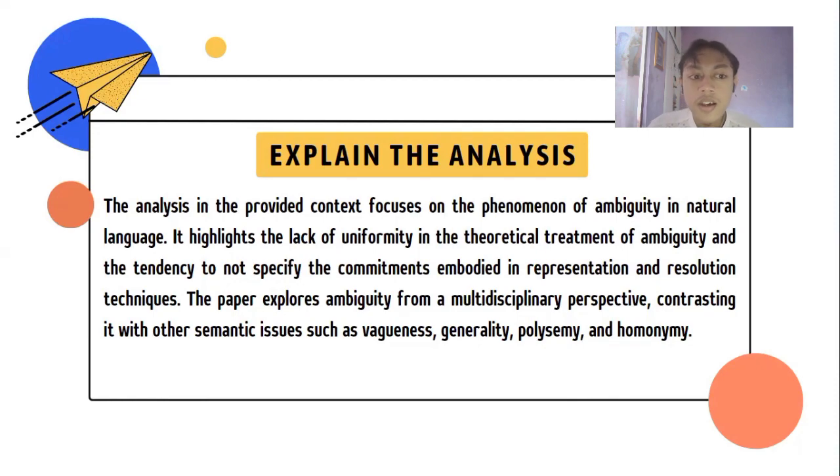Explain the analysis. The analysis in the provided context focuses on the phenomenon of ambiguity in natural language. It highlights the lack of uniformity in the theoretical treatment of ambiguity and the tendency to not specify the commitments embodied in representation and resolution techniques. The paper explored ambiguity from a multidisciplinary perspective, contrasting it with other semantic issues such as vagueness, generality, polysemy, and homonymy.